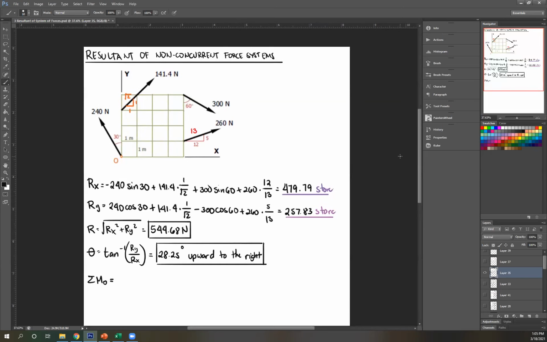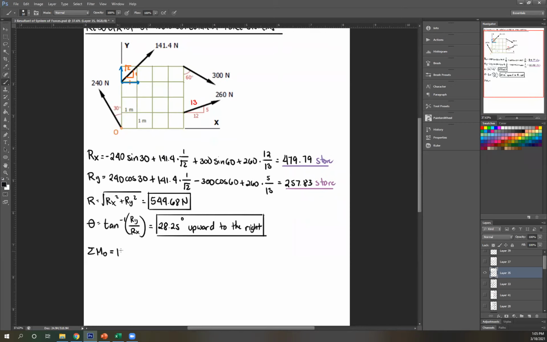Okay. So 240 passes through O, so I'm gonna ignore that. Next, 141, I'm gonna place the components here so that this part cancels out. So I'm only interested in the horizontal component. So horizontal component rotate about O, that's clockwise, therefore positive.